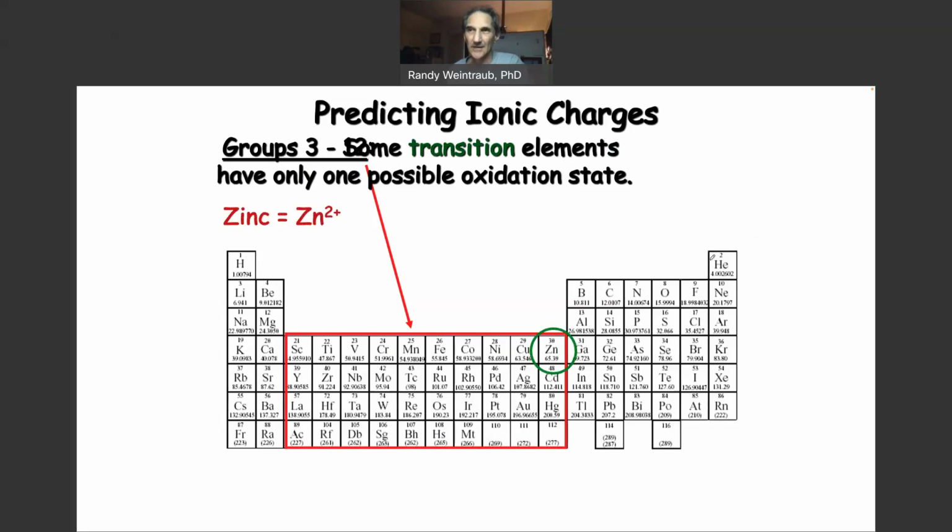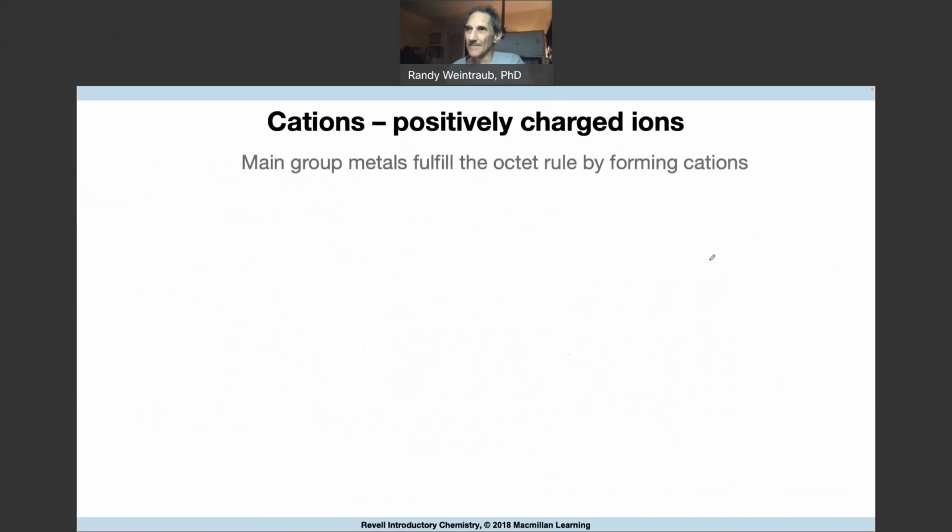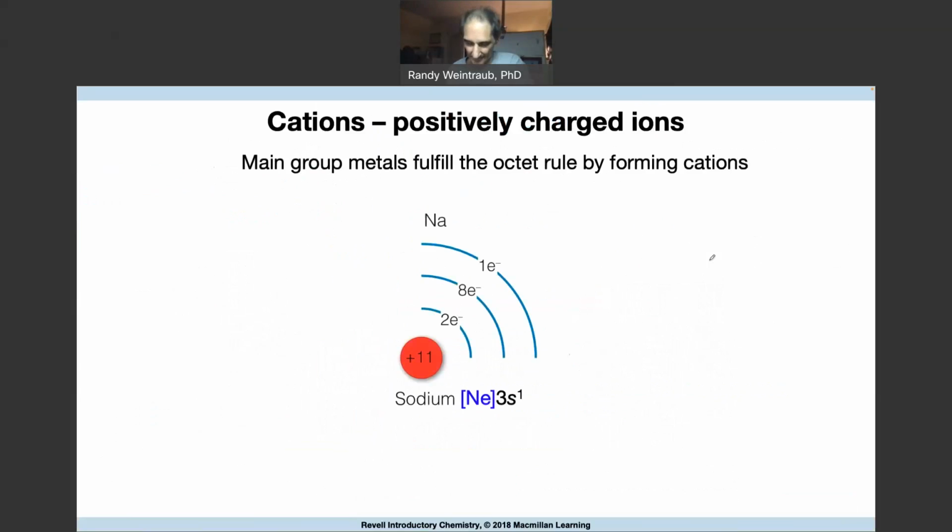There are some that only have one oxidation state, for instance, zinc and silver, but they're less predictable. So let's begin looking a little further at charged ions.